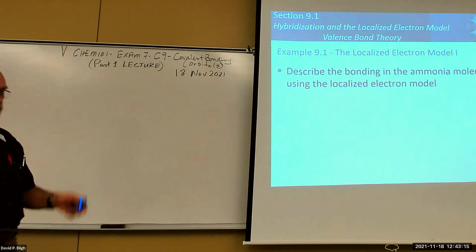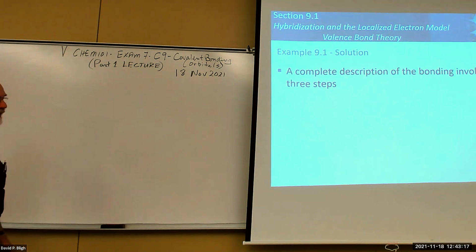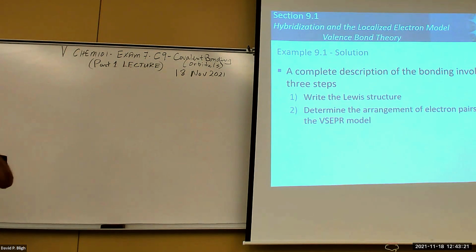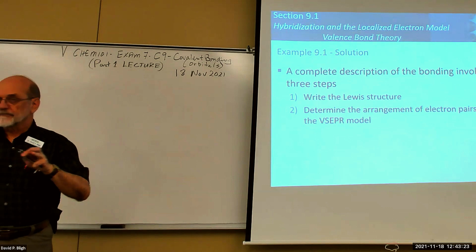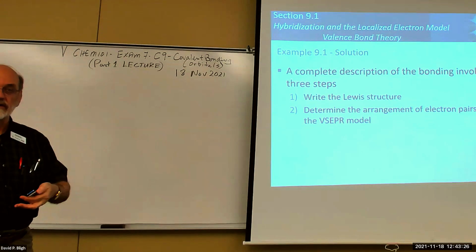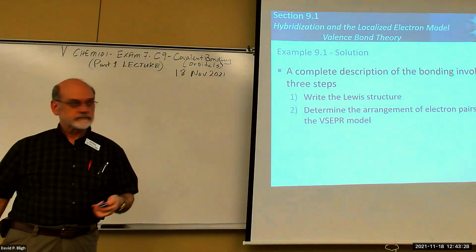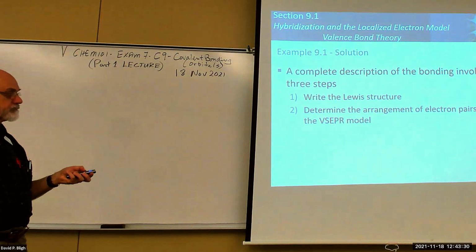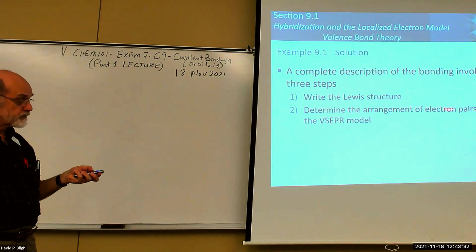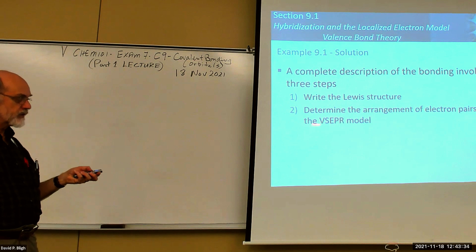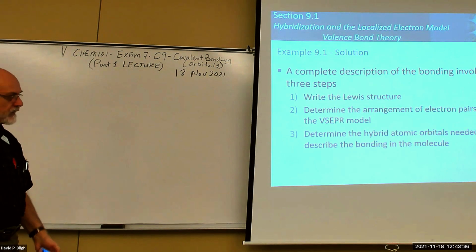Oh, okay. I sort of jumped the gun with ammonia. Here's a more complete description of the ammonia. And you do the same thing that we've always done. You don't invoke hybridization until the very end. So you draw the Lewis structure. You say, all right, what's the structure supposed to be using the VSEPR model?